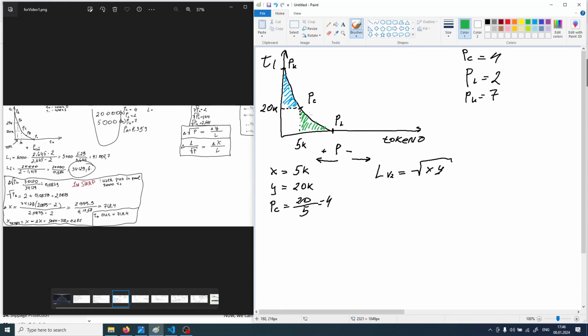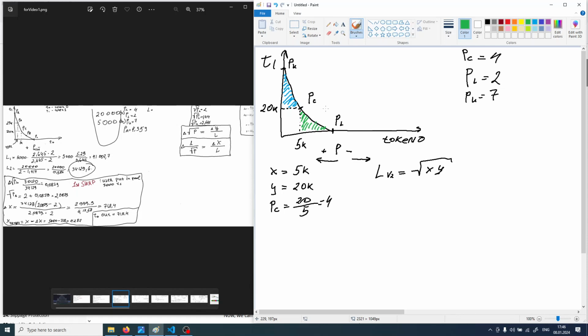If the price goes lower, this green part is liquidity of token 1, because we put token 0 into the pool, we withdraw token 1, and liquidity will be defined only from token 1.